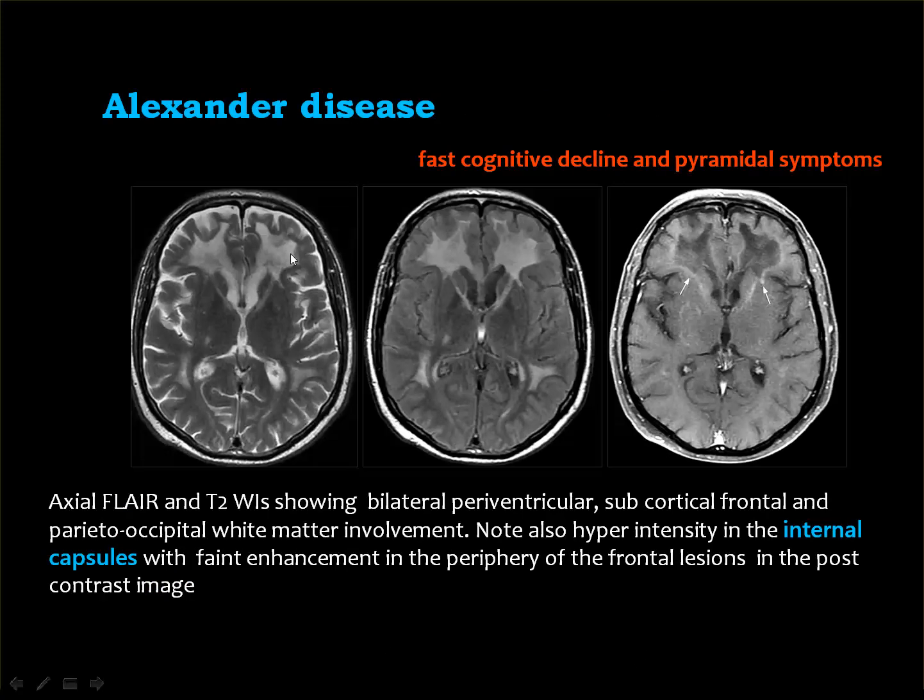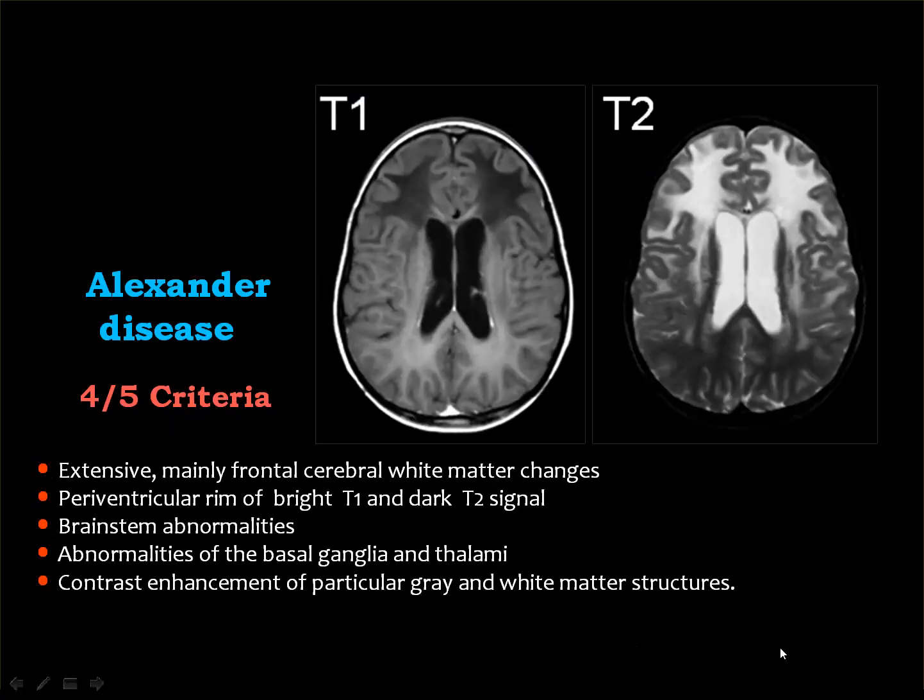And you can see bilateral mainly frontal, and to a lesser extent occipital, white matter abnormalities, and you can see the enhancement of the edge of the lesion, and sometimes you get enhancement of lesions in the brain stem, because this disease has an impact also on the brain stem.